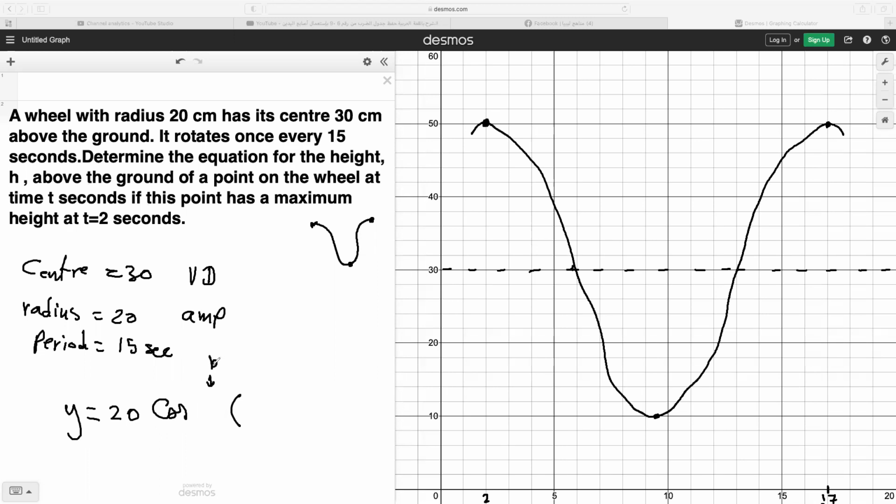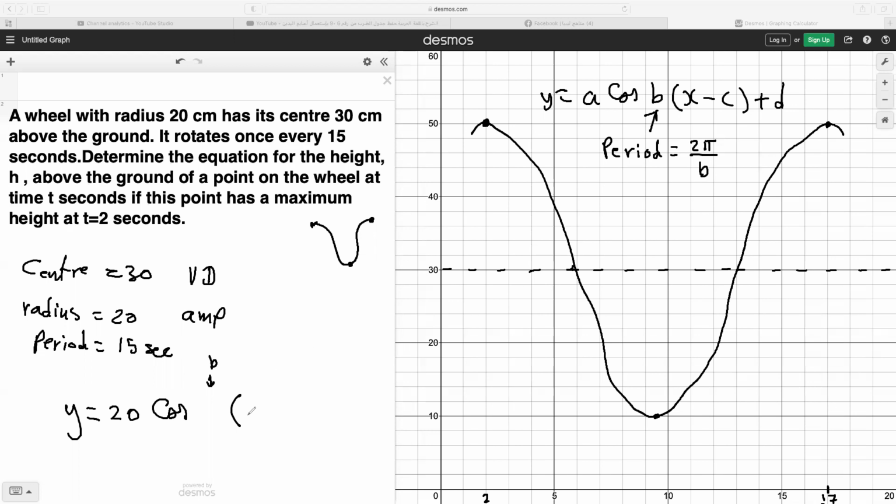The equation is y equals a cos of b times x minus c, plus d, where a is the amplitude, c is the phase shift, d is the vertical displacement, and b is, to find the period, we need b. The period would be 2 pi over b when we're finding the period of a sine or a cosine.